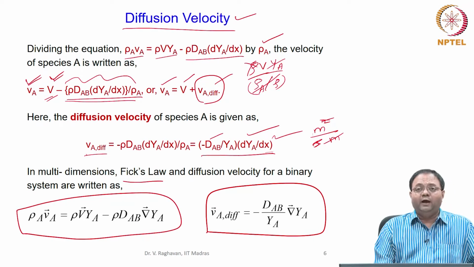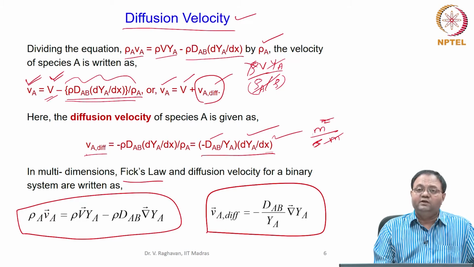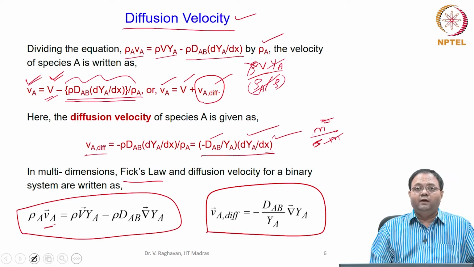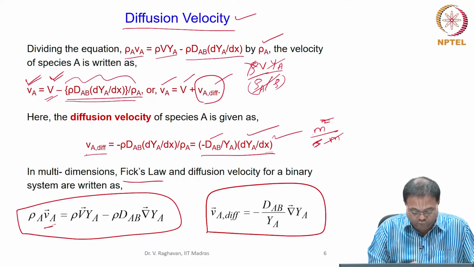Rho A, the density of the species A, into small v A, the species velocity of A, which is a vector. That means it is resolved in three directions in a three dimensional flow.